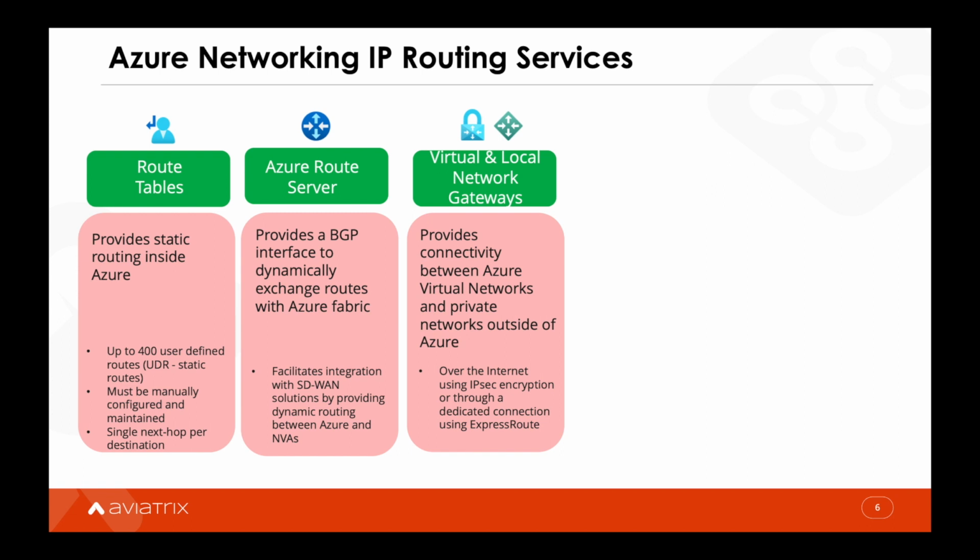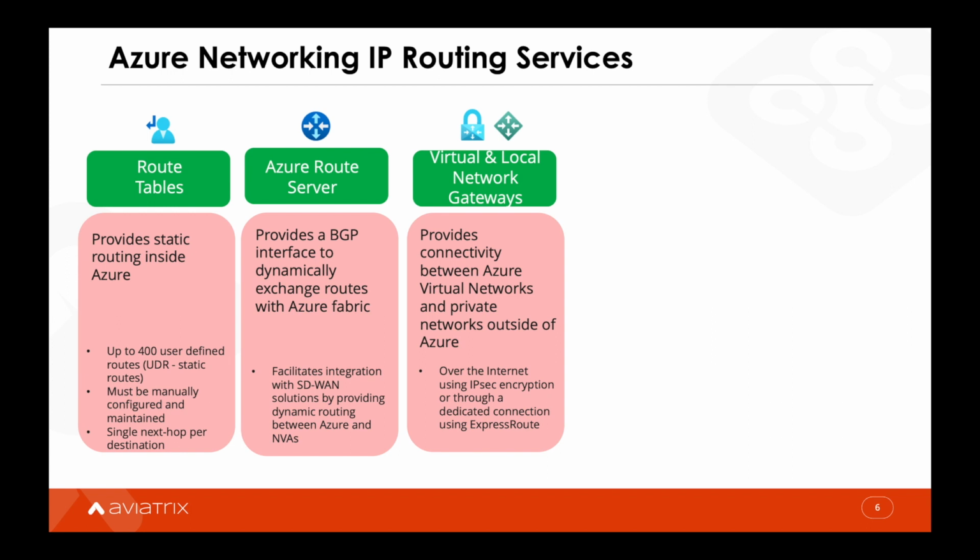There's also a need for hybrid connectivity most of the time between the deployments in Azure Virtual Network and deployments that reside on premises. And this hybrid connectivity is achieved with the use of virtual network gateways. There are two types of gateways depending on the type of connectivity desired.